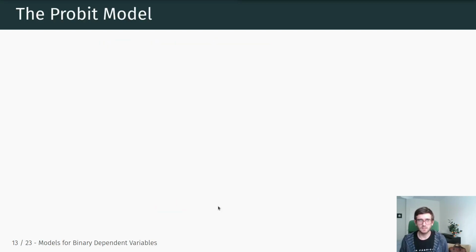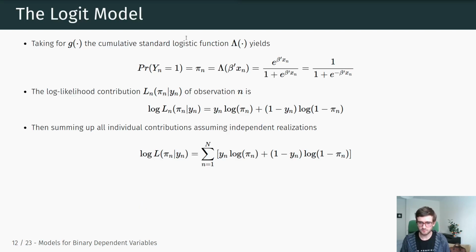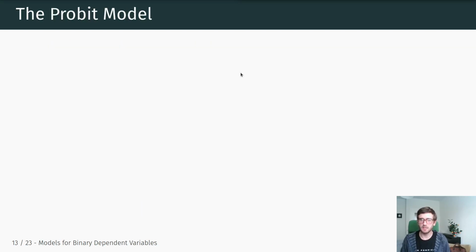We could do the same thing with a different link function. Instead of this logistic link function, we could use a cumulative standard normal distribution to map our systematic component to the range from 0 to 1. If we choose the standard normal distribution with variance 1 for our link function, our probability of yn looks slightly different.